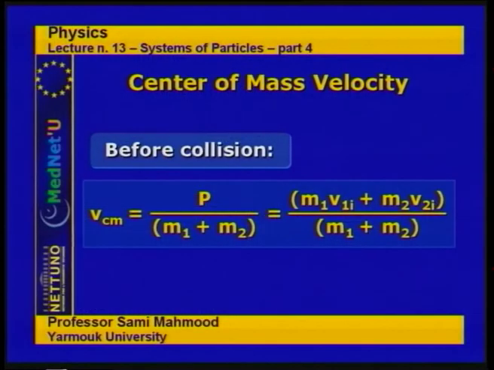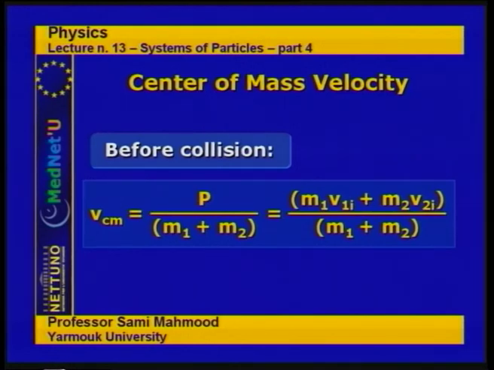But because we know the initial velocities of the two objects before collision, it would be much easier and more straightforward to find the velocity of the center of mass before collision. So before collision, the velocity of the center of mass is simply the total momentum, which is m1 v1 initial plus m2 v2 initial, over m1 plus m2.